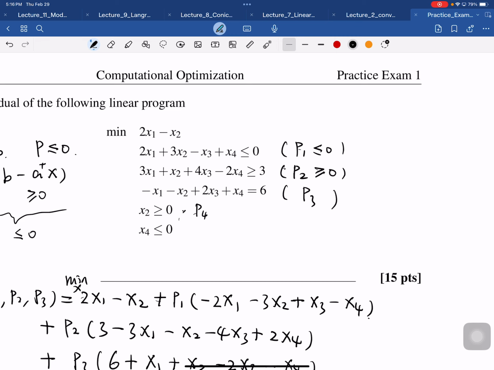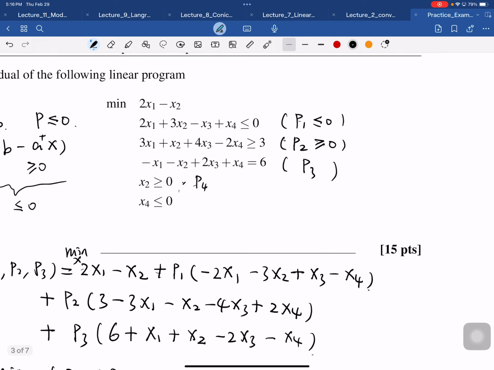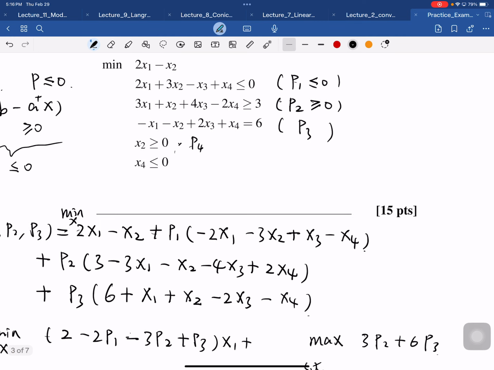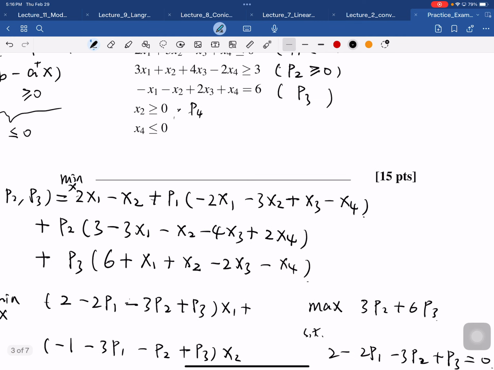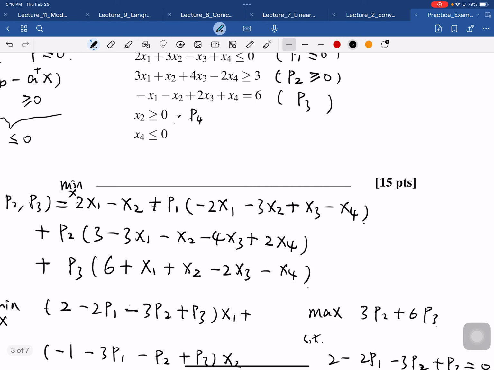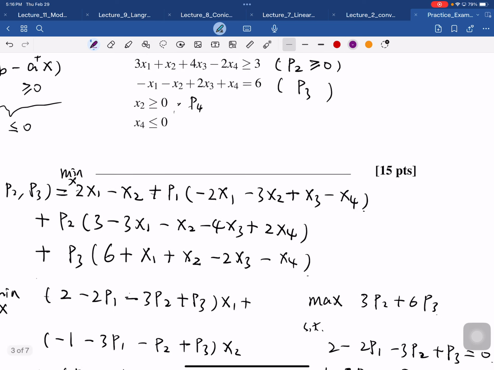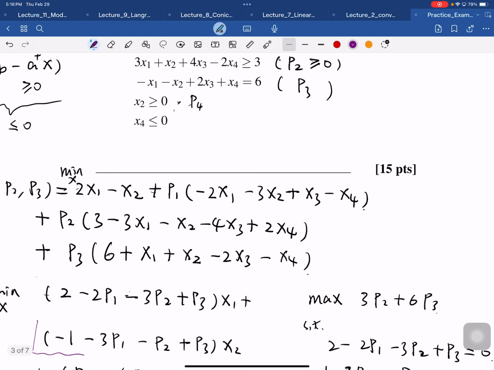Okay, so let's circle it somewhere. So this is your coefficients for x2 when we do not dualize x2 greater than or equal to 0, right?